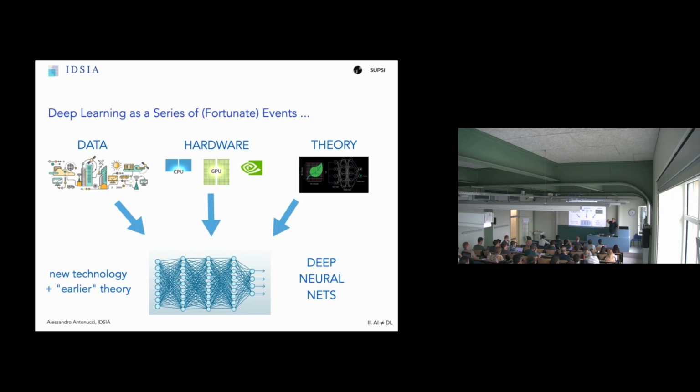For some of you this is very trivial, very naive, but I just want to say that what made deep learning emerge is somehow a series of fortunate events. The theory of deep learning, at least in some formulation, is, I don't want to say not complicated, now there is an unbelievable sophistication, but the basic idea is really very simple.